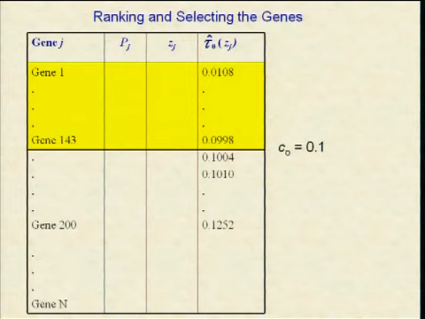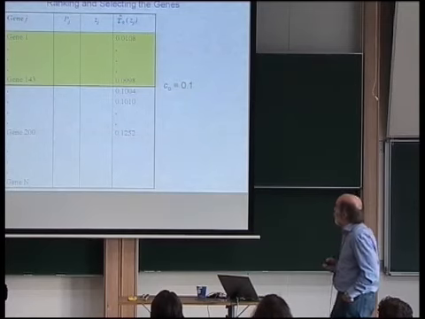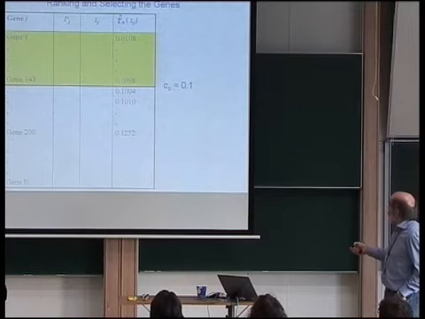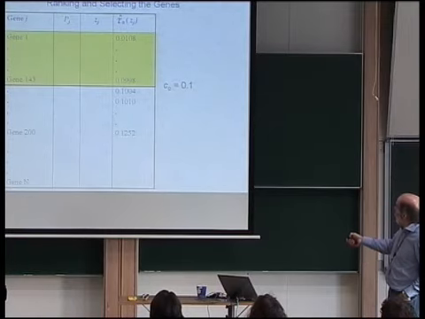So anyway, suppose we actually drew a line under all genes which had a value of the local false discovery rate less than 0.1. I'm not suggesting you would do that in practice if you could see this small difference here. But then 143 genes would be declared to be differentially expressed because they've got this value of the local false discovery rate less than 0.1.